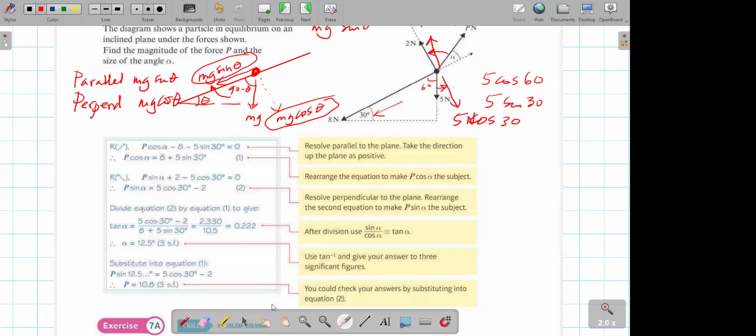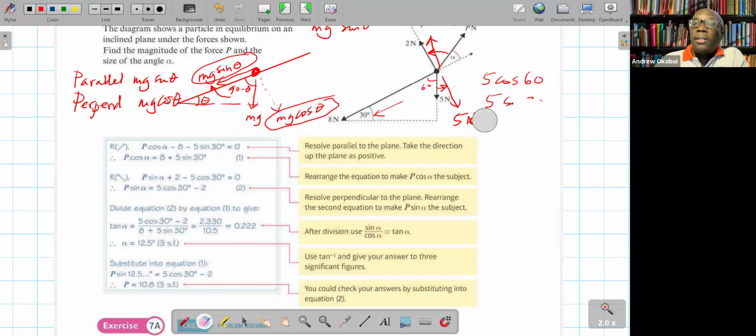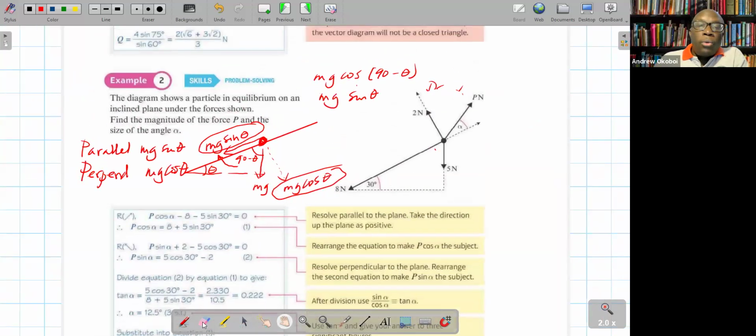Okay, let's take these off here. The second equation is now perpendicular to the plane. Now, remember when I was doing those other questions on the other side, we had axes that were X and Y like this. Now what we're doing is taking these and turning them slightly this way.